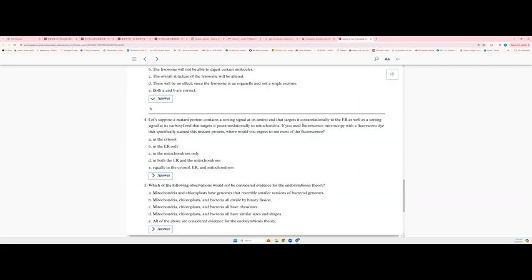It's supposed to go to the ER, as well as a sorting signal that targets it to the mitochondria. So this sorting signal helps it go to the ER and to the mitochondria. It uses a fluorescence microscope. Basically, you put some kind of fluorescent dye on a protein, so this protein was fluorescently labeled. So you can use the fluorescent microscope and see this protein, right?